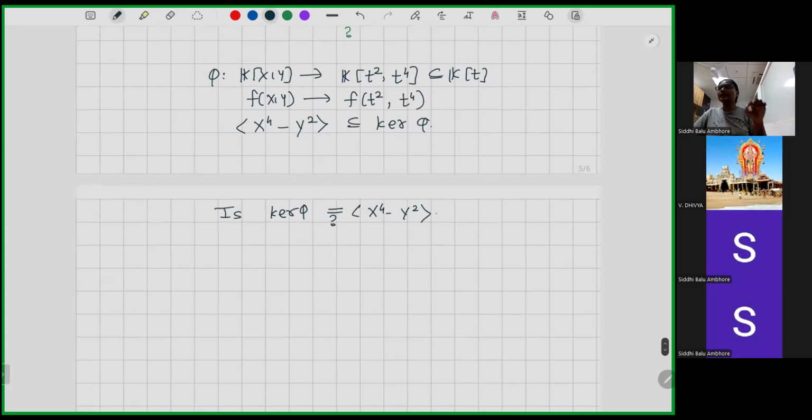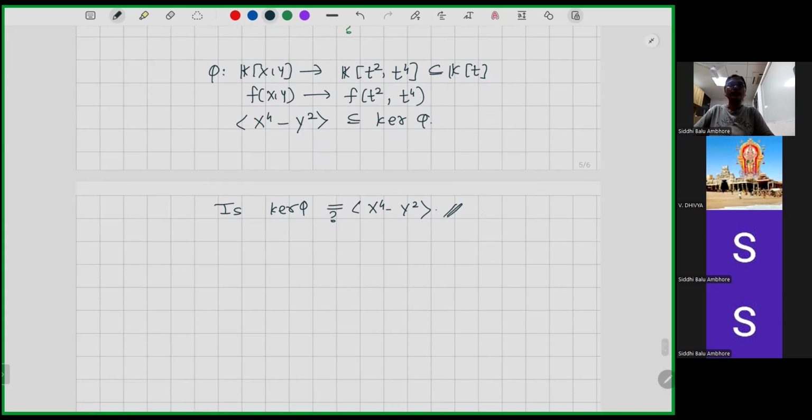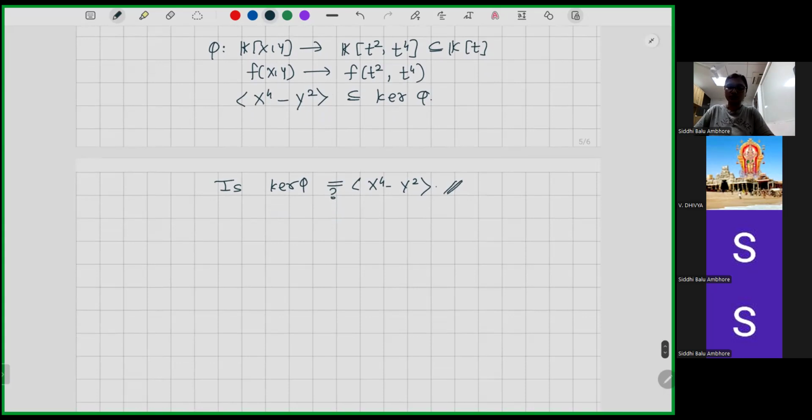So can you give an example of a polynomial which vanishes under map P, but is not an element of this ideal? We have t^2 and t^4.